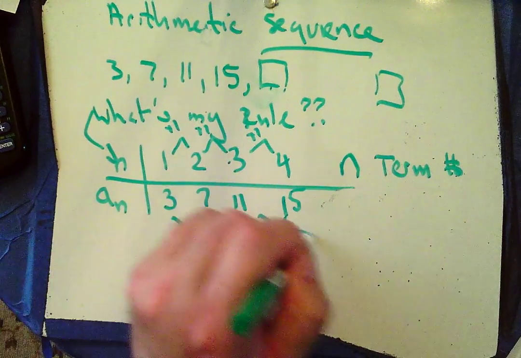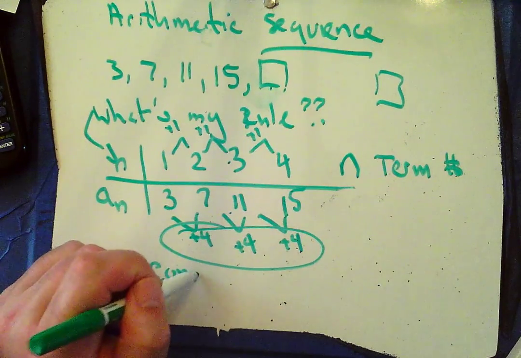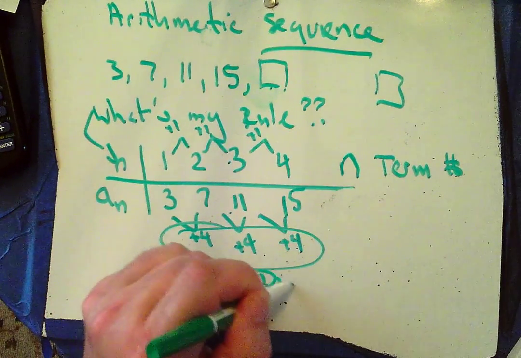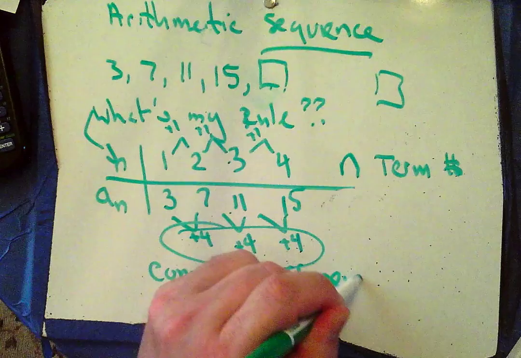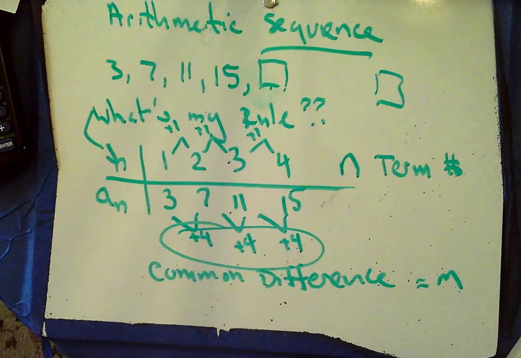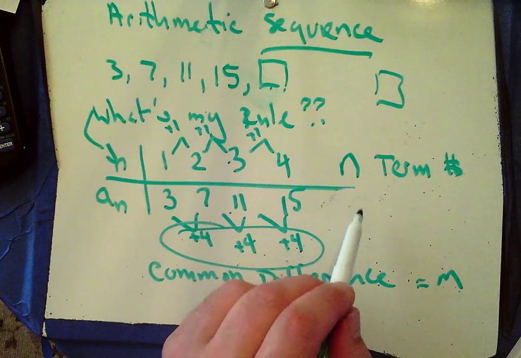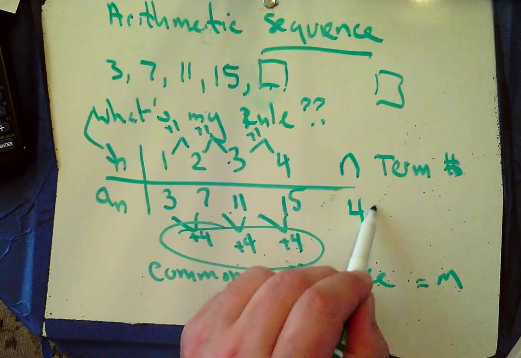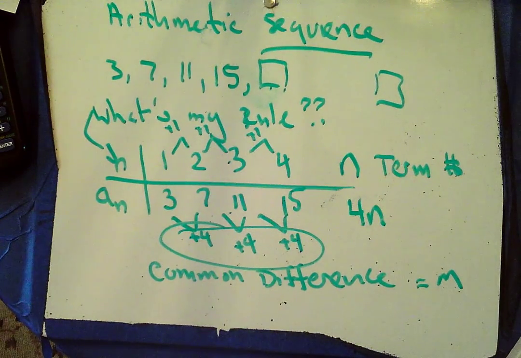Actually, it's called a common difference. The common difference is the same as our m from linear equation writing. So my common difference here is 4, and I'm going to go with 4n. Now, I'm not expecting to get the rule yet.